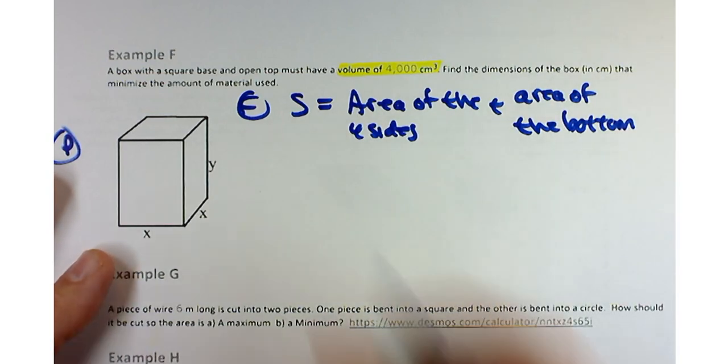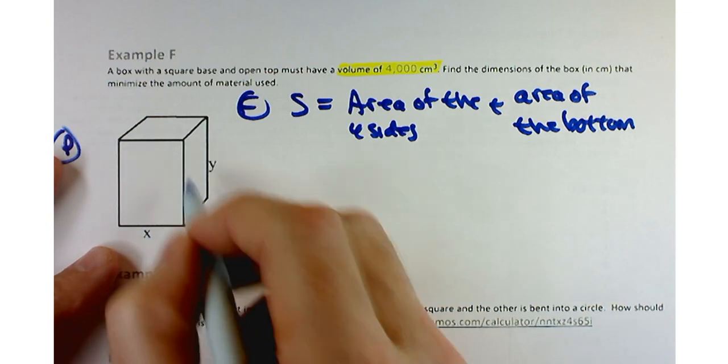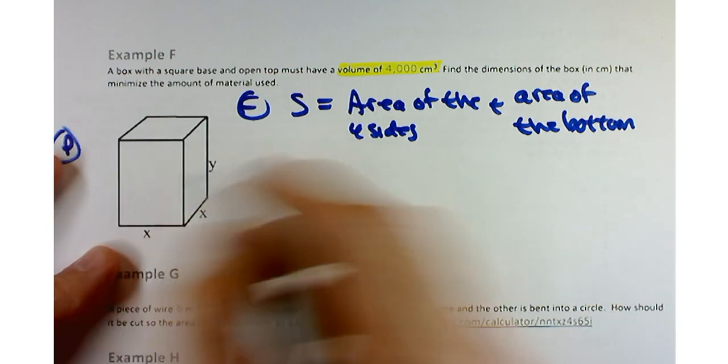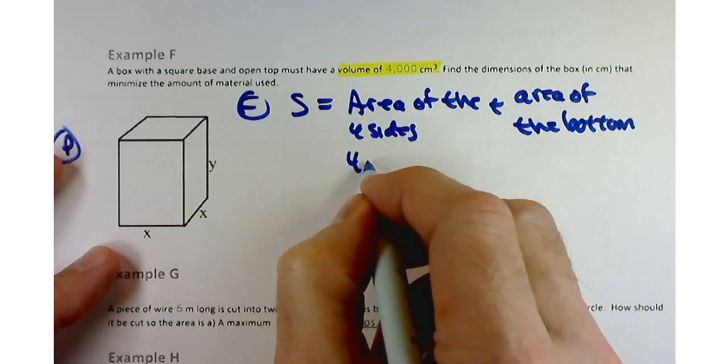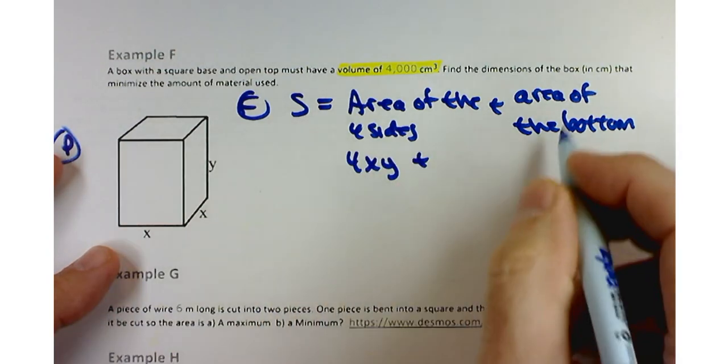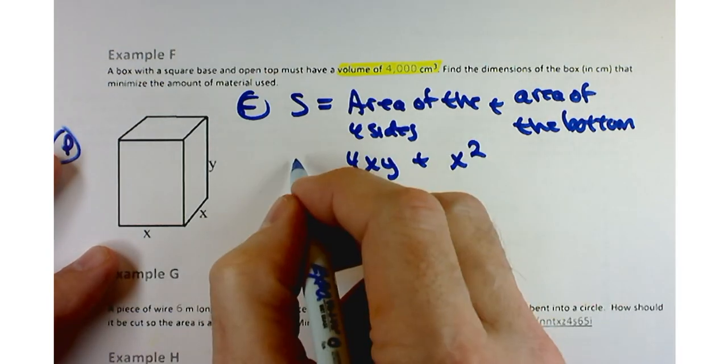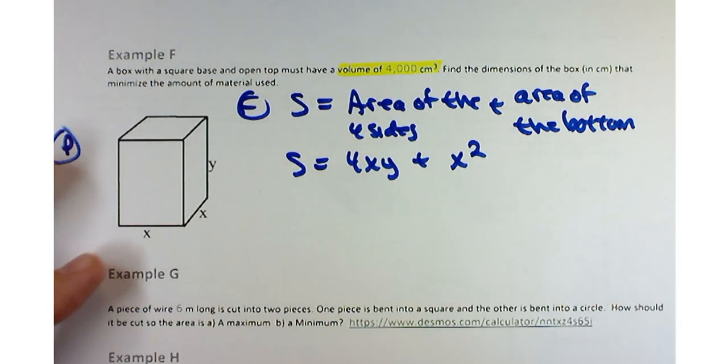And the area of the four sides, well, any one side like this one is just gonna be x times y. And I've got 4 of those. So it's gonna be 4xy plus the area of the bottom, which is x squared. So that's S, the surface area.